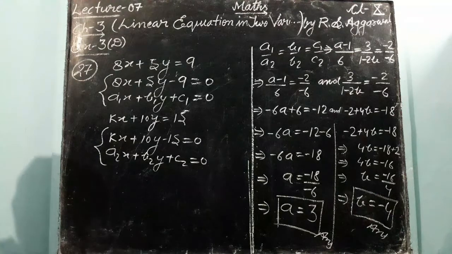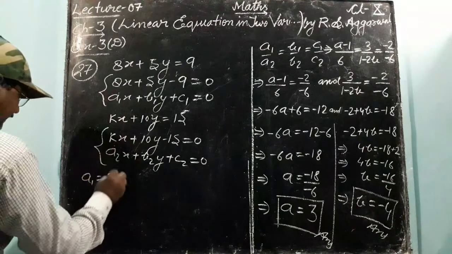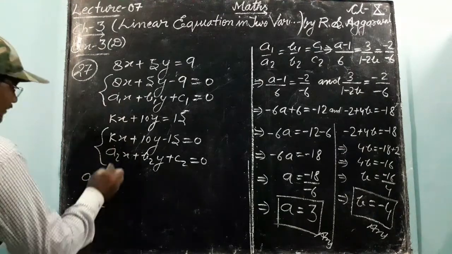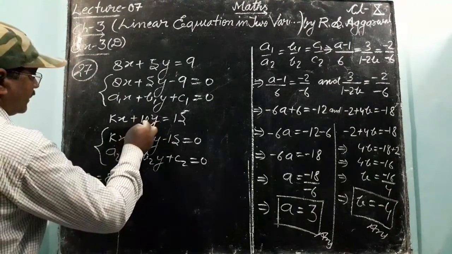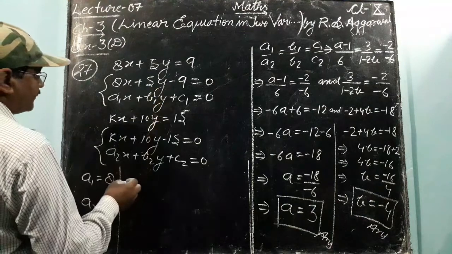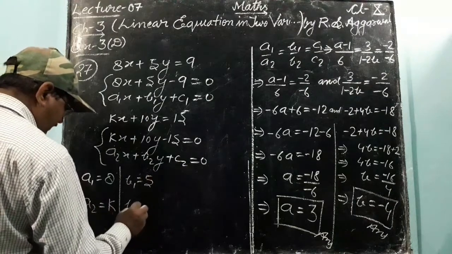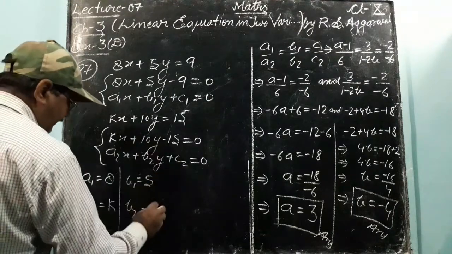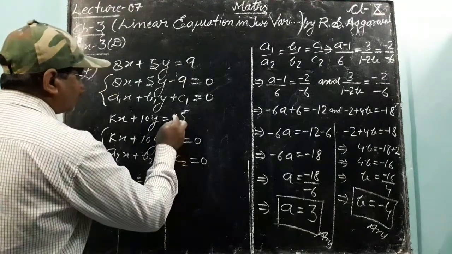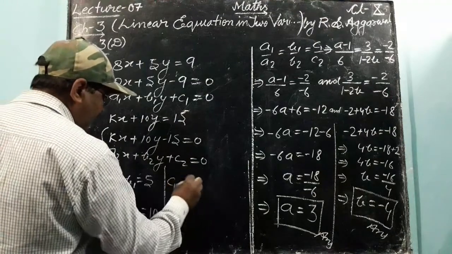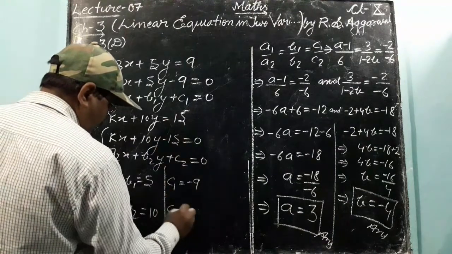Okay, on comparing you will get a1 is equal to 8, a2 is equal to k, b1 is equal to 5, and b2 is equal to 10. c1 is equal to minus 9, and c2 is equal to minus 15.